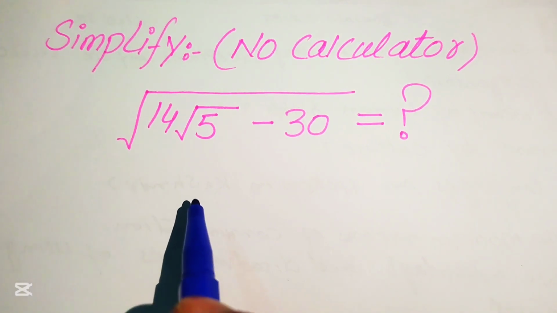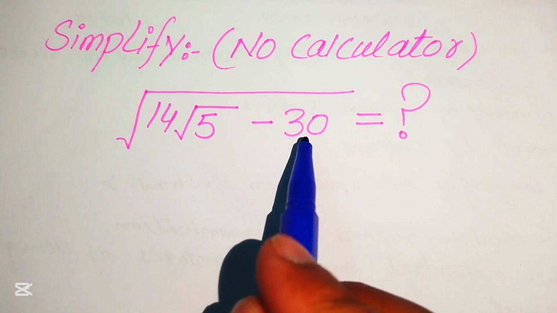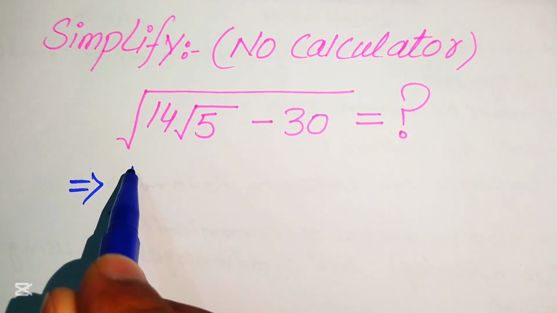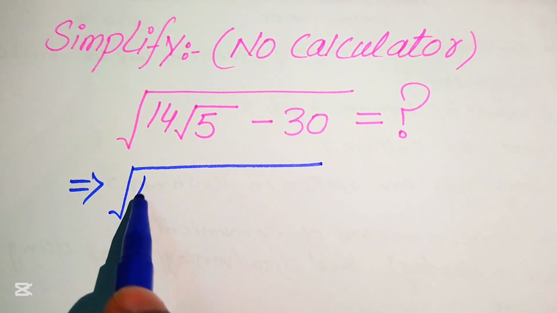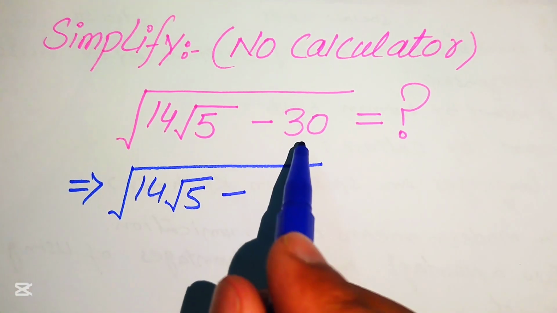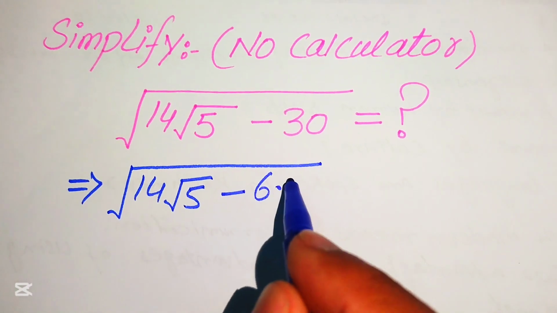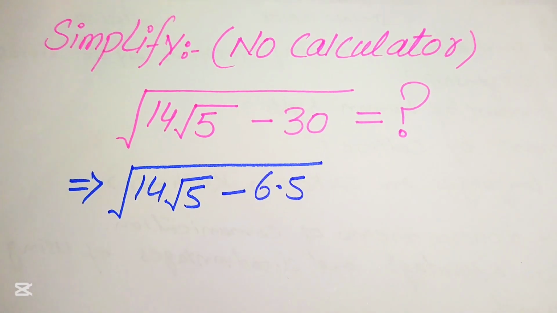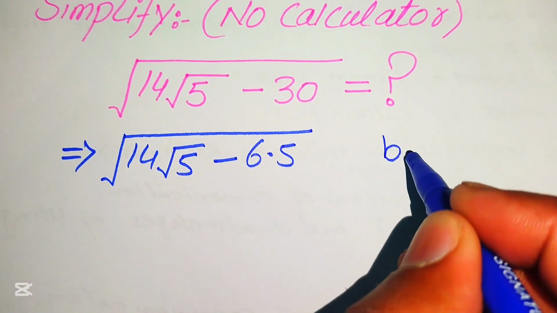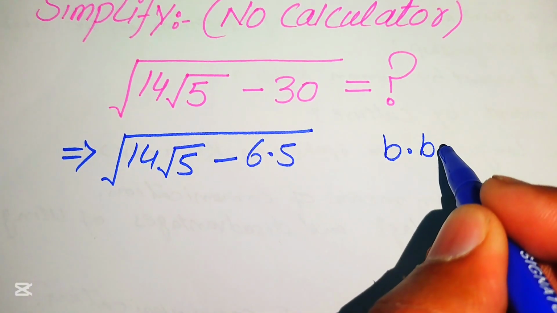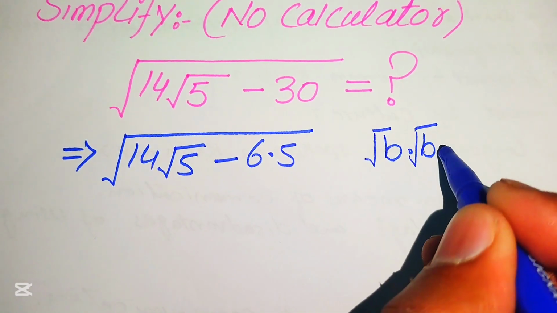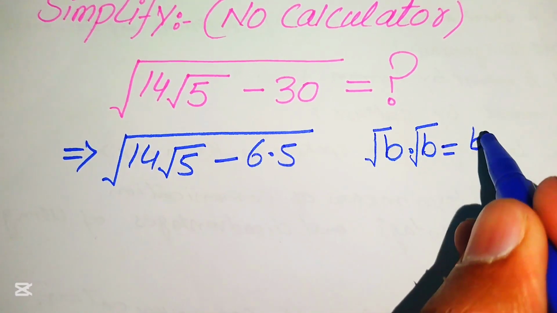The very first step is to focus on the term 30, and we rewrite this expression as the square root of 14 times the square root of 5 minus 30. We write 30 as 6 times 5. We know that the square root of b multiplied by the square root of b equals b only.